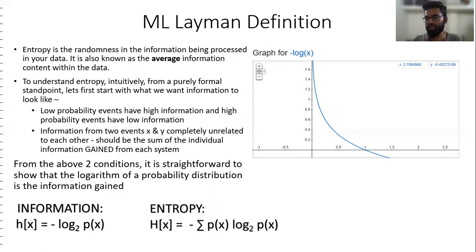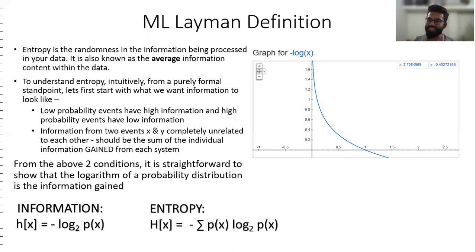We know that in probability, when two events are independent, the joint probability of both of them occurring together is the product of the two individual probabilities. So we have probability of x comma y equal to p of x times p of y. But over here, information needs to be the addition of each of these systems separately.